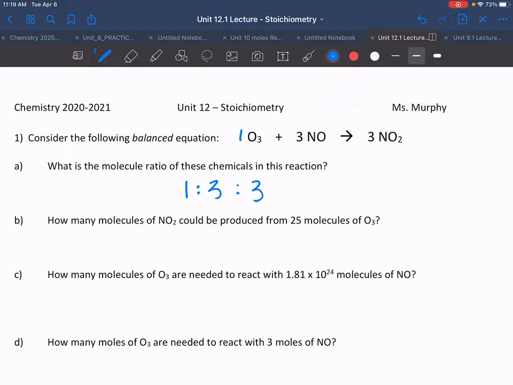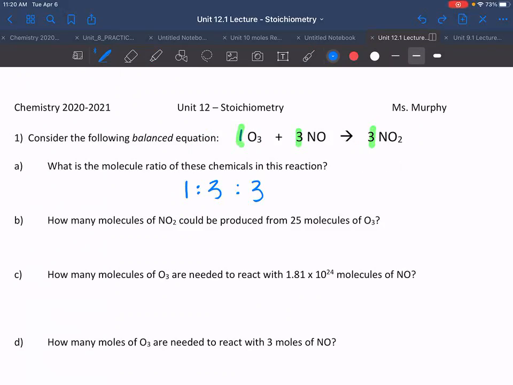We're just using the coefficients to talk about the ratio of each of these species to each other. Now, if there is 1 O3, that gives us 3 NO2s, so the ratio is 1 to 3.